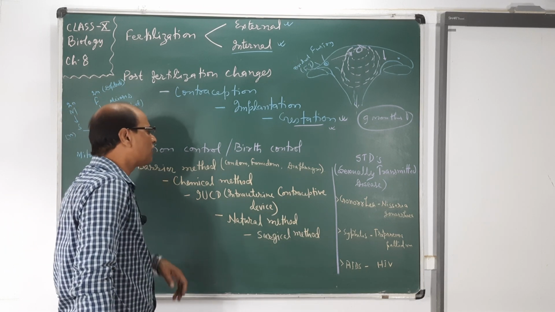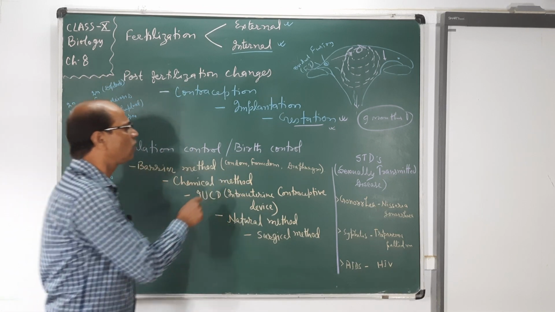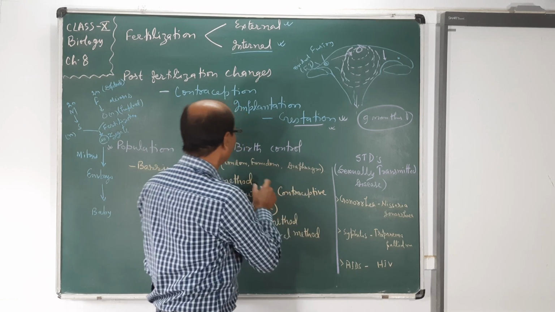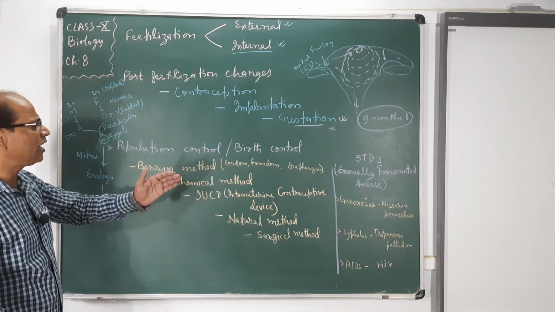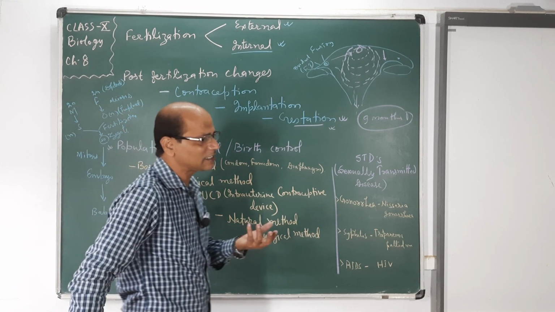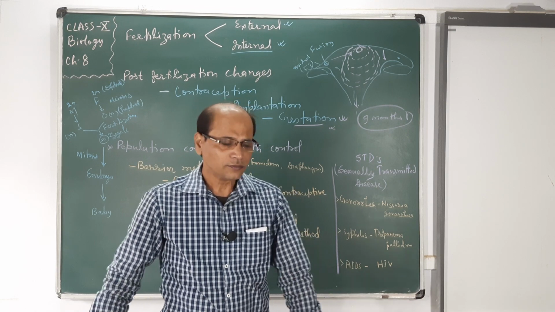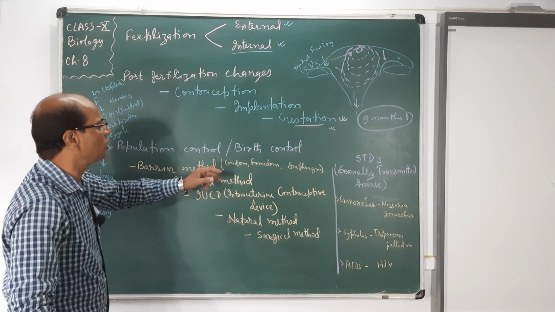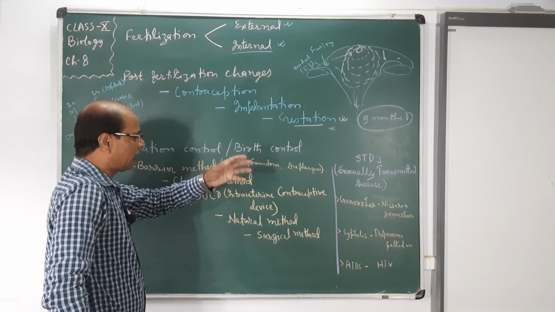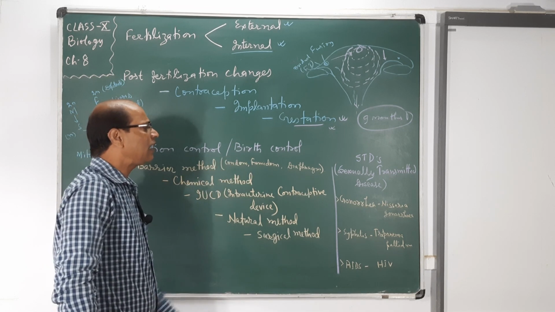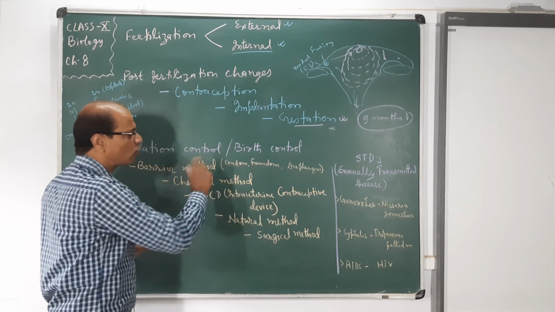The barrier method is also called the physical method. We use a condom, femidome or diaphragm. The condom is for males and the other two are for females. Condoms are tube-like structures which are used before copulation, and the male uses them to avoid the fusion of sperm and ovum.